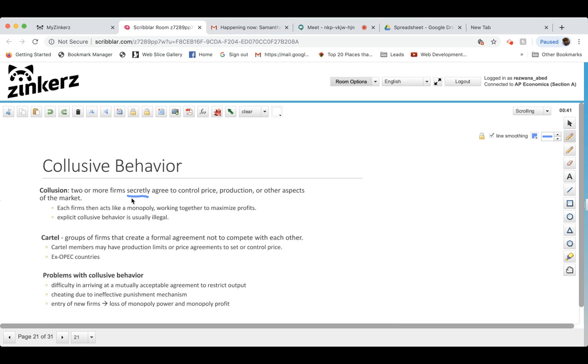Okay. So this is collusion, where two or more firms secretly agree to control price, production, or other aspects of the market. With collusion, they remain legally independent and autonomous, right?